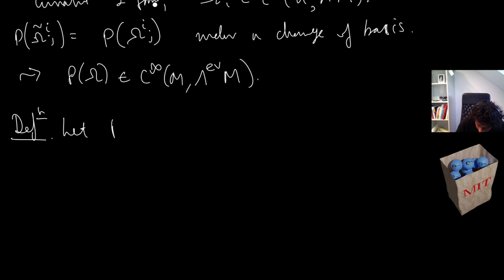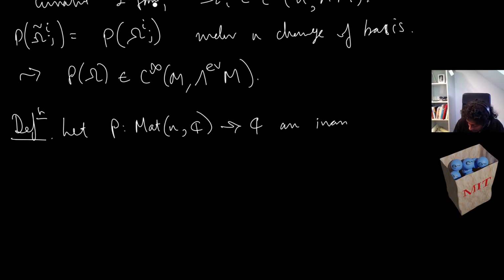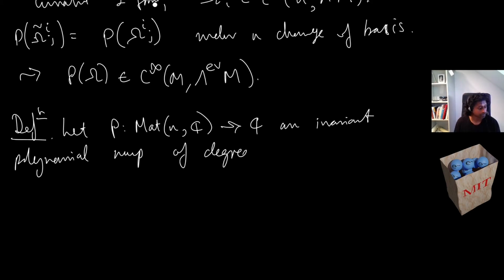Let P be an invariant polynomial map of degree k. Okay, so that's important. And omega, a curvature 2-form.